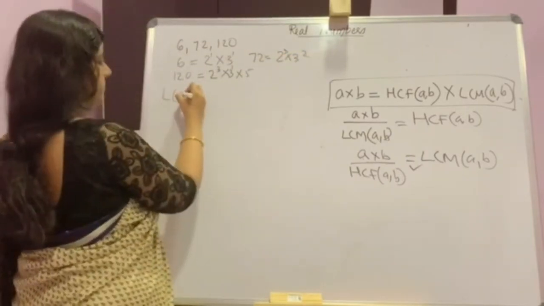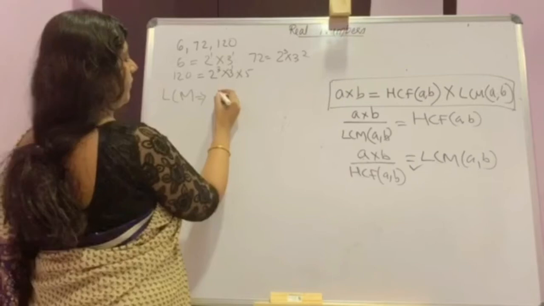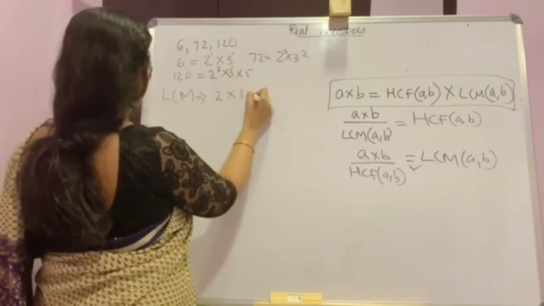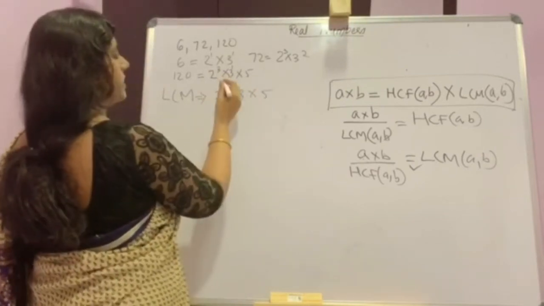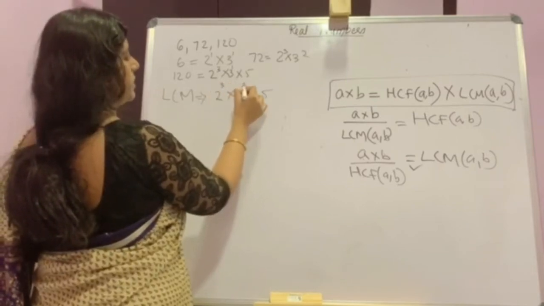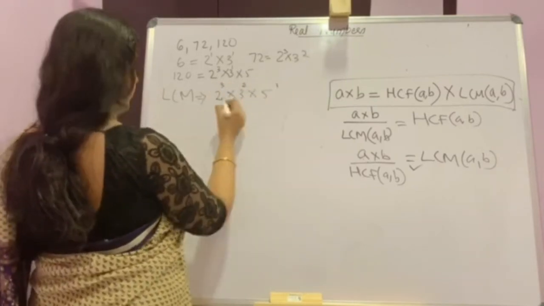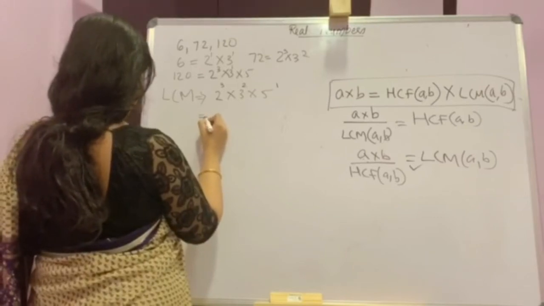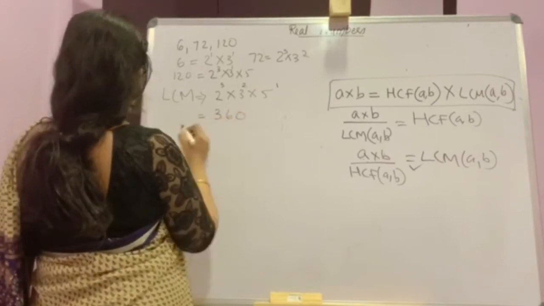So LCM, again all the factors here, that is 2 into 3 into 5, and its highest powers: highest power of 2 is 3, of 3 is 2, of 5 is 1, and multiplying we get 360.